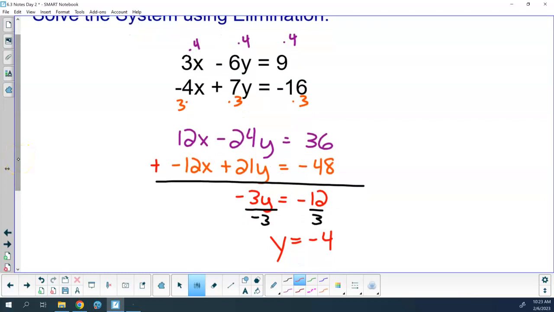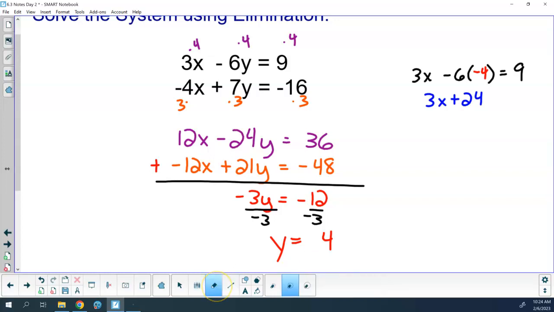If y is negative 4, I'm going to put it back into either one of the two original equations. Let's go with 3x minus 6 times negative 4 equaling 9. Negative 6 times negative 4 is positive 24. Oh, because I forgot the negative sign. Yep. Gotcha. Positive 4 there.